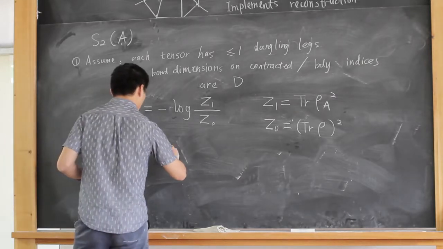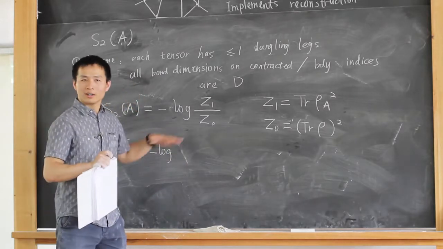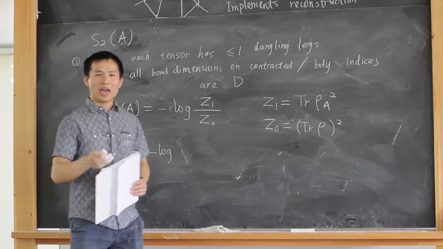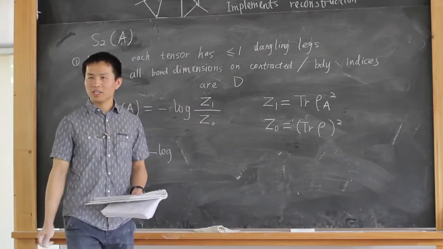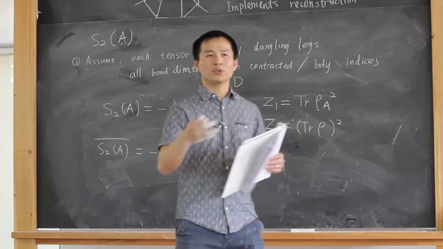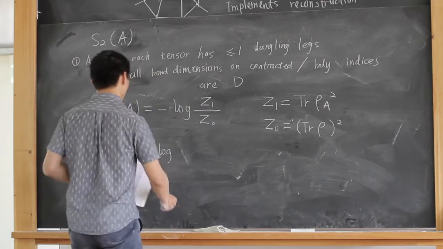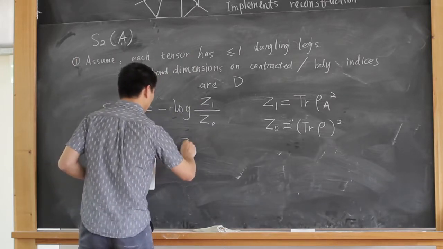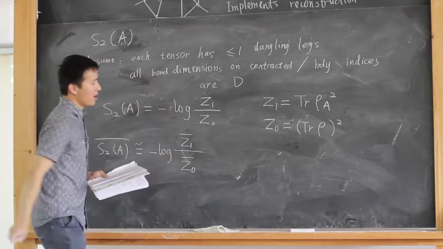It turns out that instead of calculating the average of the log, it's useful to calculate the log of the average. In the case of large D, where the bond dimension is large, the fluctuation, the difference between these two quantities, is small. So we can approximately calculate the log of Z1 average divided by Z0 average.